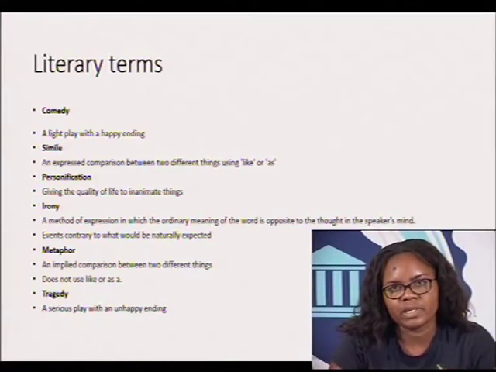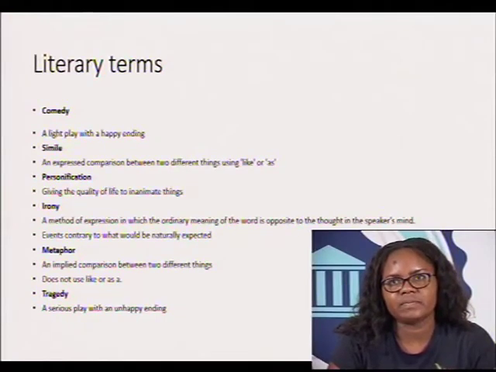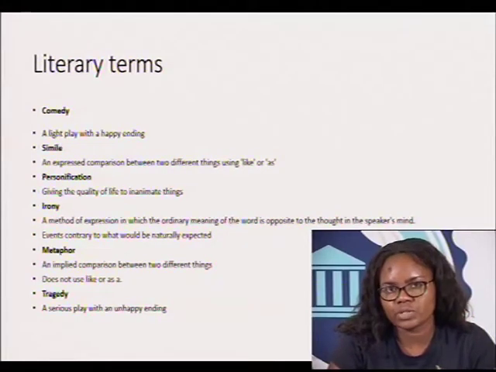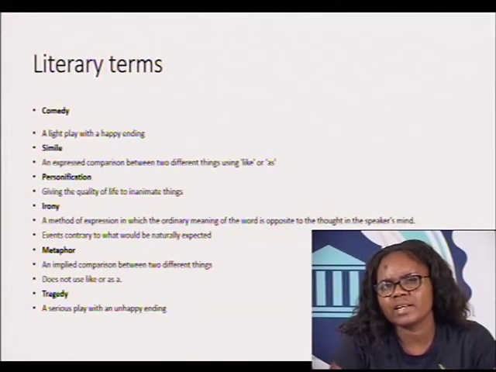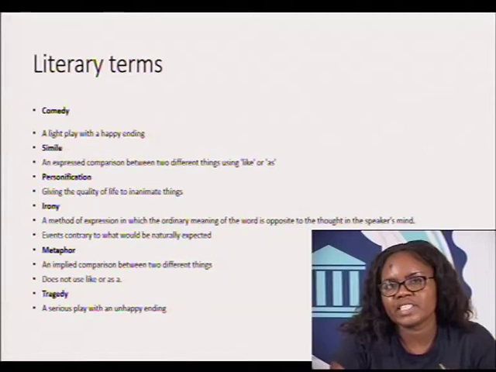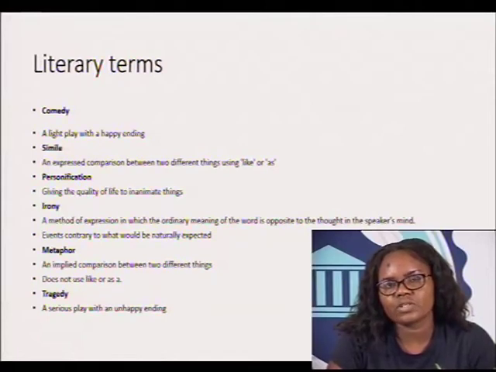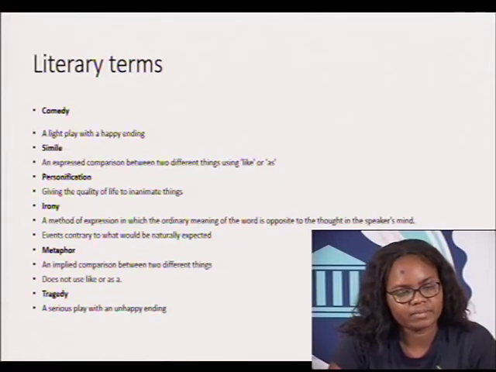For example, a character that commits crime, or a character that swears, or a character that is rude. But the turnout of events will be that this character is liked by everyone instead of being despised. This is also called irony.